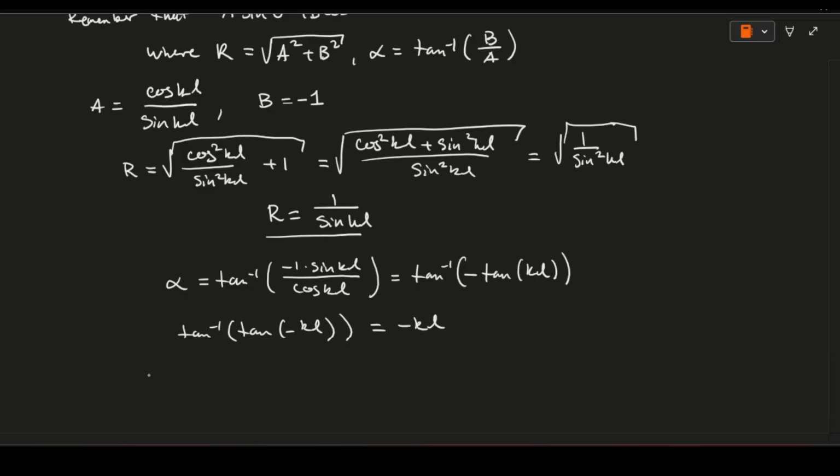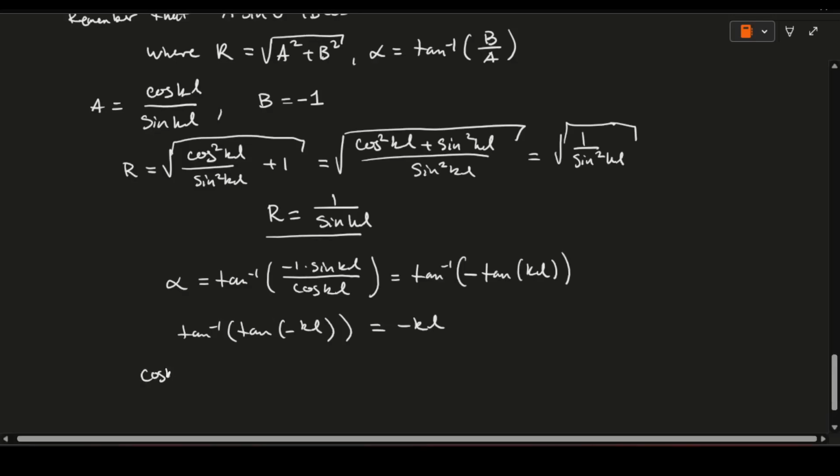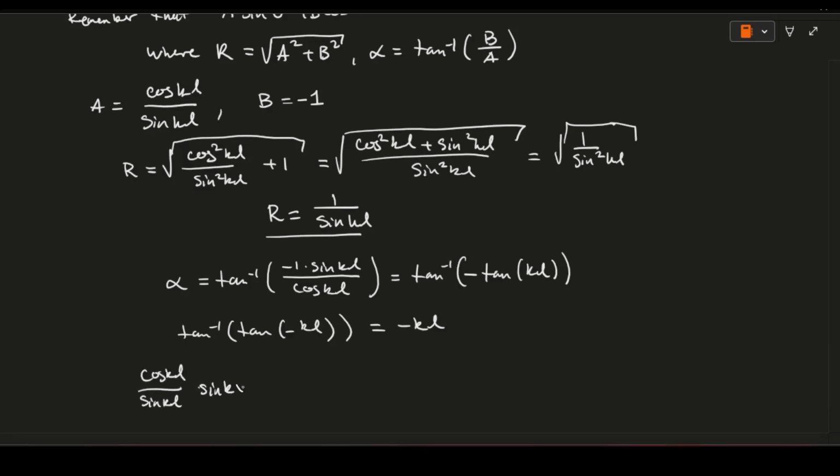So this term cosine KL over sine KL times sine KX minus cosine KX is equal to 1 over sine KL times sine of KX minus KL.